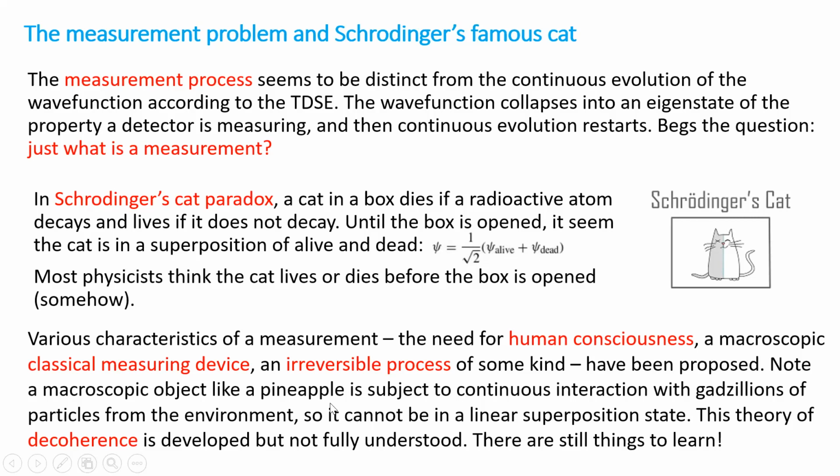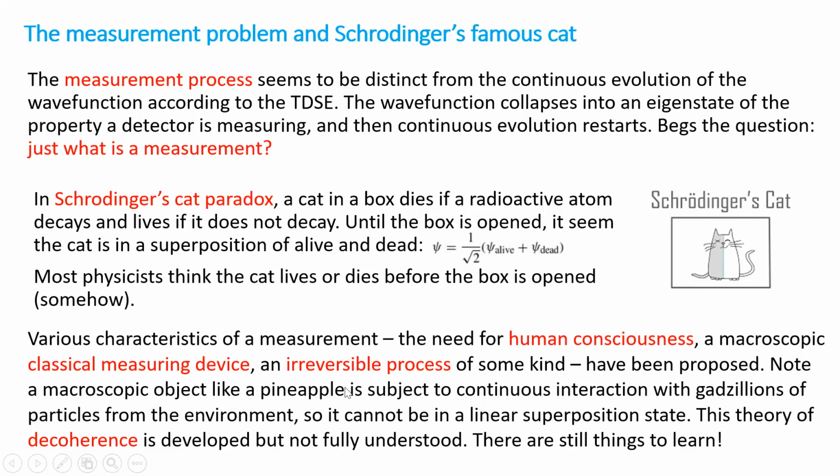So a macroscopic object can't be in a linear superposition state. That's the current thinking, is that the cat, when it's inside the box, would be in interaction with the air. Presumably there's air inside the box, so it would be interacting with all the air molecules, and those interactions would cause this linear superposition to be corrupted and destroyed, and it would force the cat to decide on its wave function or on its state, either alive or dead.